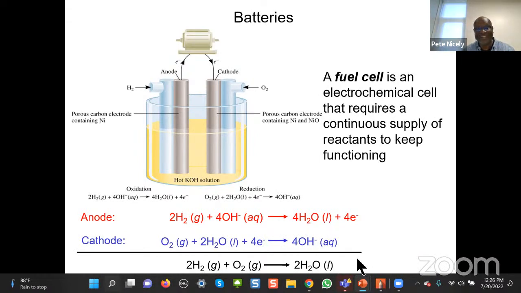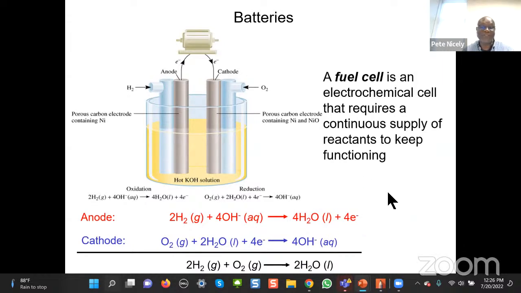Now, if they can get this working, this would be really nice because the product of this reaction is environmentally friendly, right? It's water. I mean, it won't harm the environment. But there are some issues, as I said before, in terms of getting this to work so as to be commercially viable. One of the problems is that you need to have a continuous supply of hydrogen and oxygen running into this system in order for this reaction to take place.